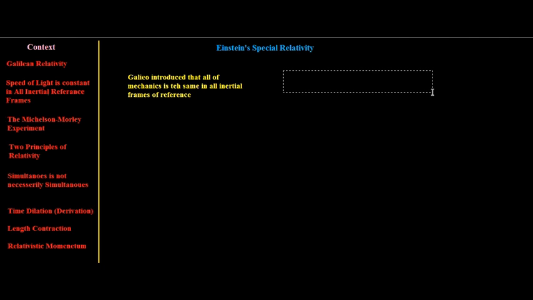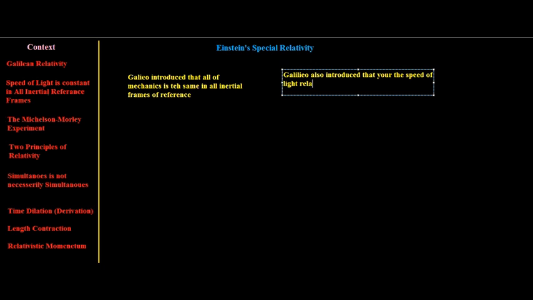Galileo introduced that the speed of light relative to you will change based on your velocity relative to the light. So these are the two concepts that Galileo introduced.